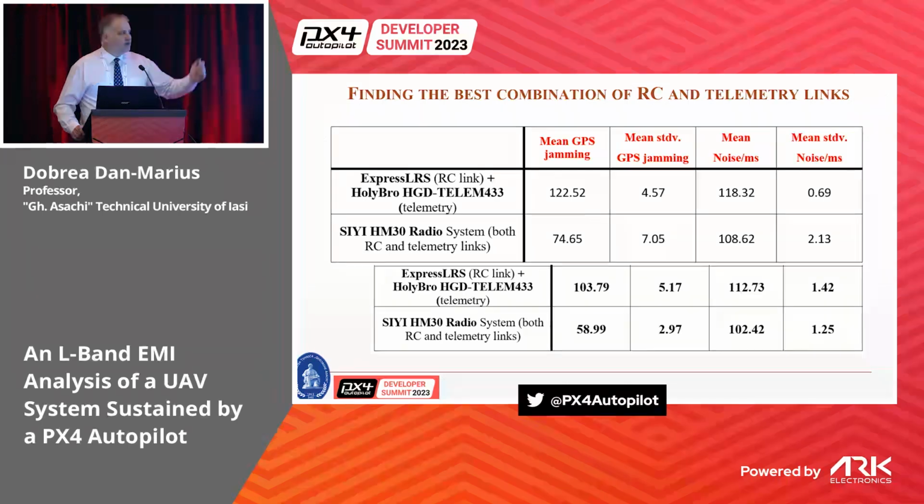You see that you get at least 20 units less on the jamming indicator when you use a shield. Of course, you can have a better solution, mainly because I saw in the market some copper tapes that have superior performance, and in this case, I'm sure that this performance can be improved, but these are the results.